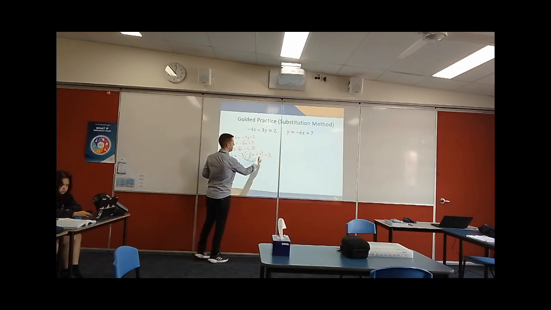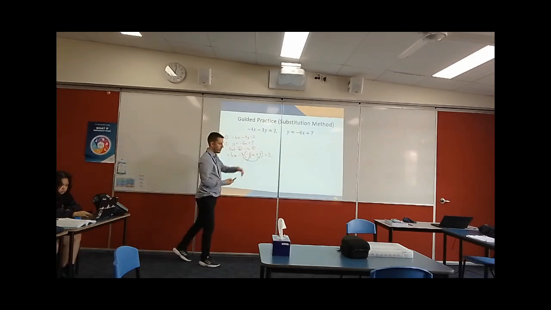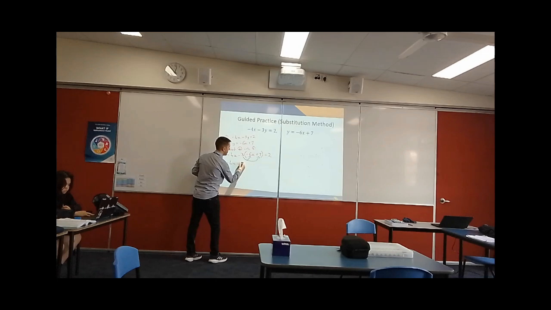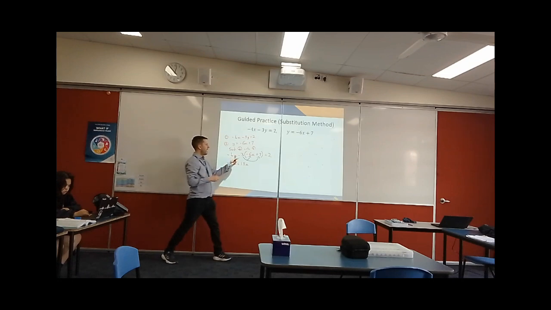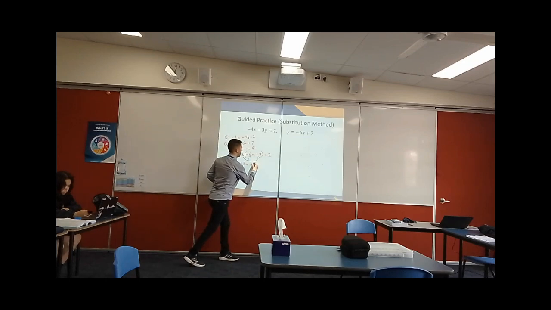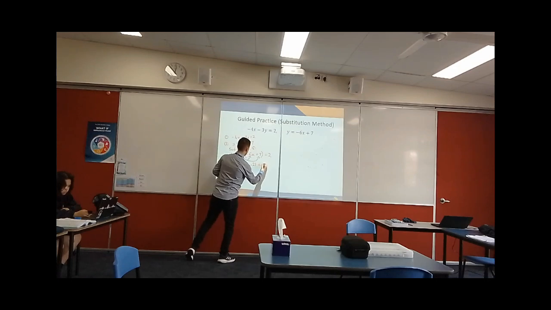I'm going to do my arrows to help, because negative 3 must times with everything inside the brackets. Negative times a negative is a positive. 3 times 6 is 18, so it's 18x. Negative times a positive is a negative. 3 times 7 is 21. Is equal to 2.